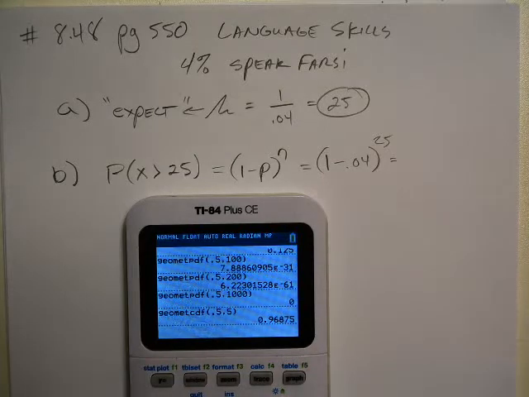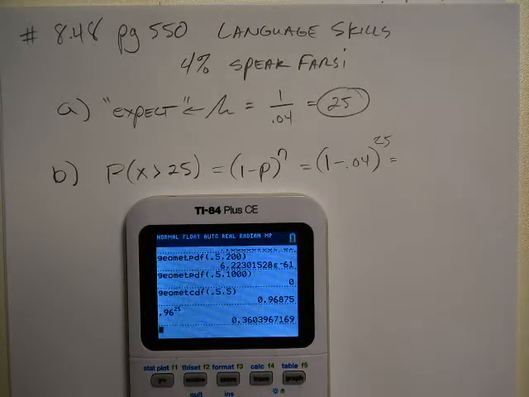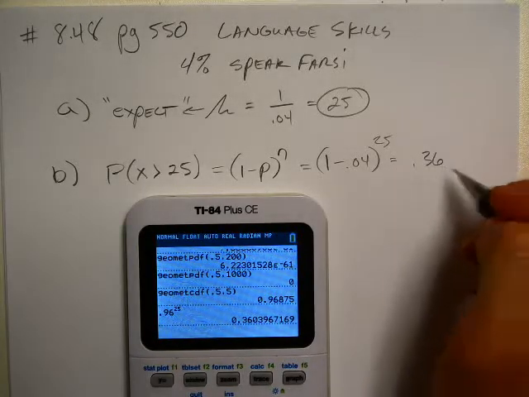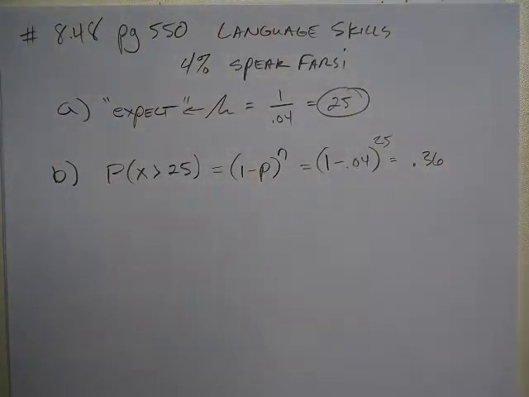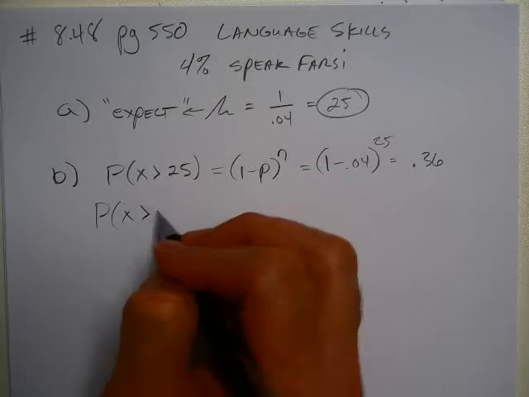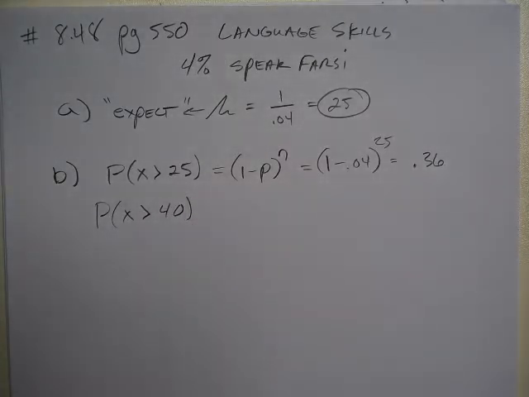1 minus 0.04 would be 0.96, and I raise that to the 25th power, and I get about 0.36. There's about a 36% chance that I will have to interview more than 25 people before I find my first Farsi speaker. And it also asks, what's the probability that X gets as large as 40? That I've interviewed 40 and I still haven't found the first one.